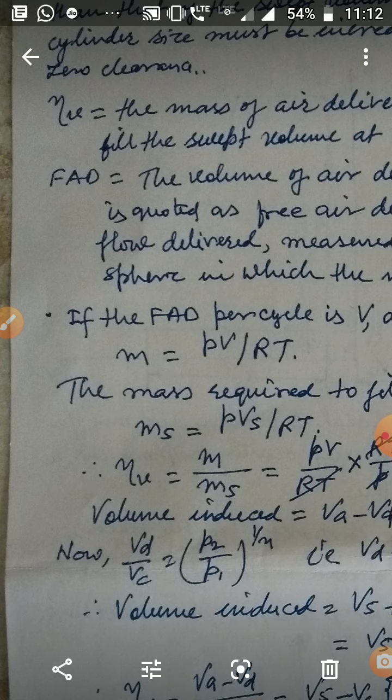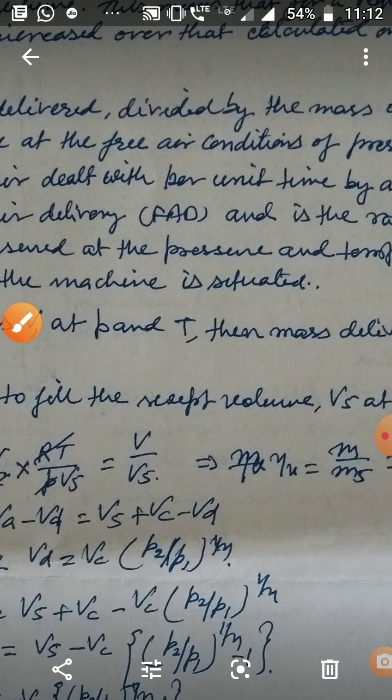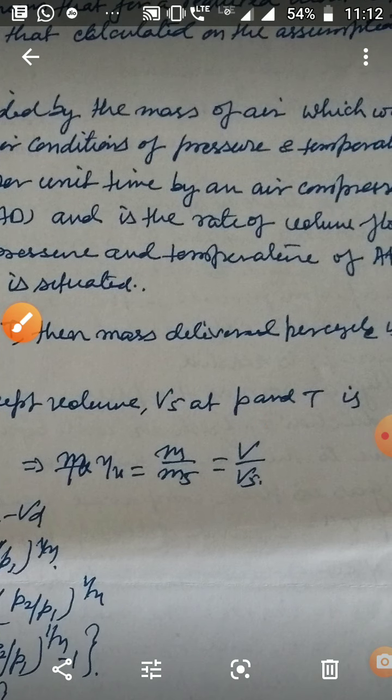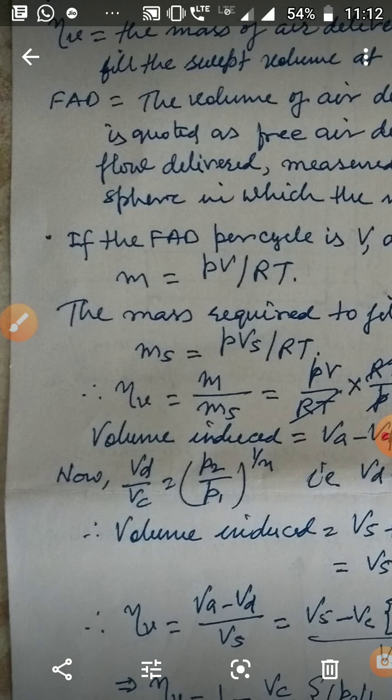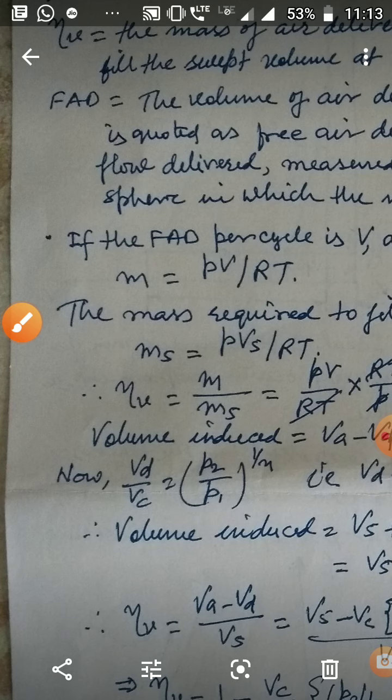Now suppose the FAD per cycle is V at pressure P and temperature T, then the mass delivered per cycle is written as m equal to PV by RT, because we are using the air compressor, and air is a mixture of different perfect gases, so it also follows the perfect gas equation. So from the ideal gas equation, we can write the mass m equal to PV by RT.